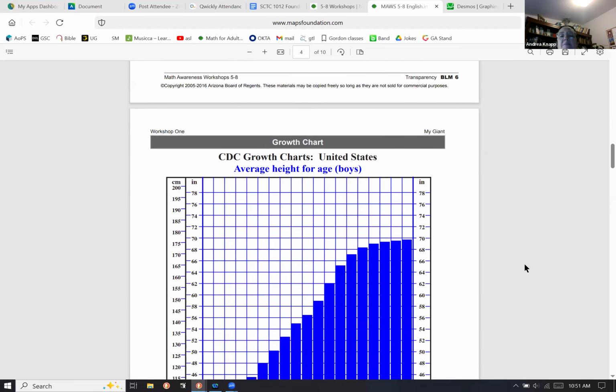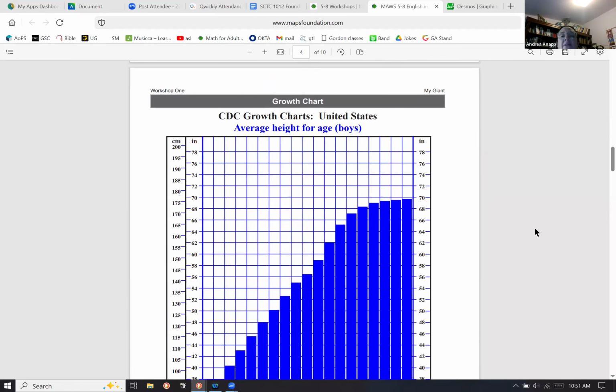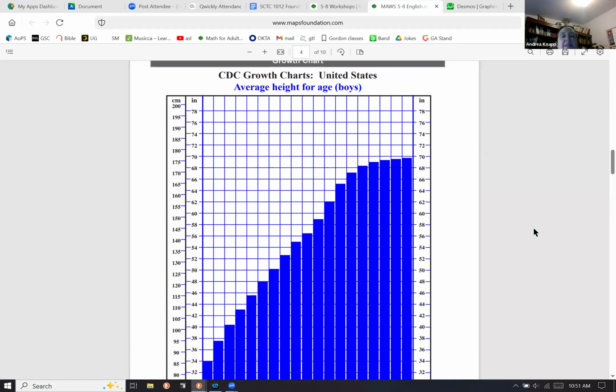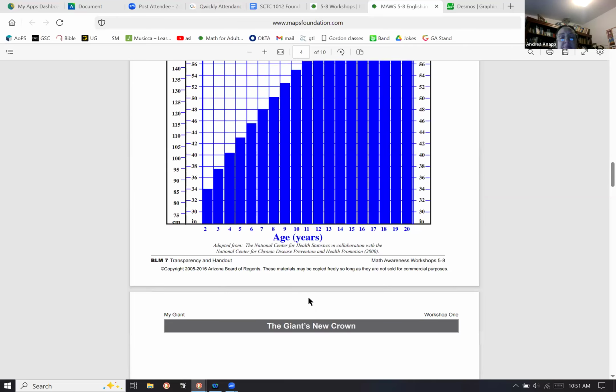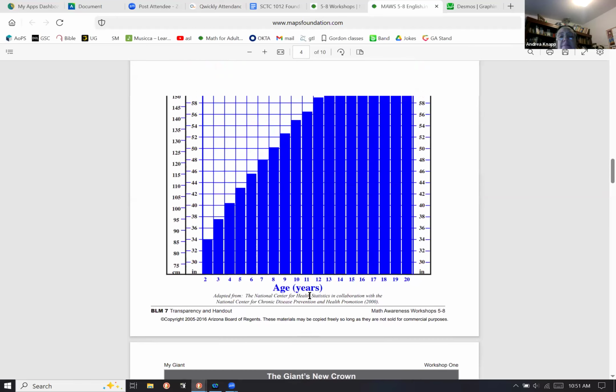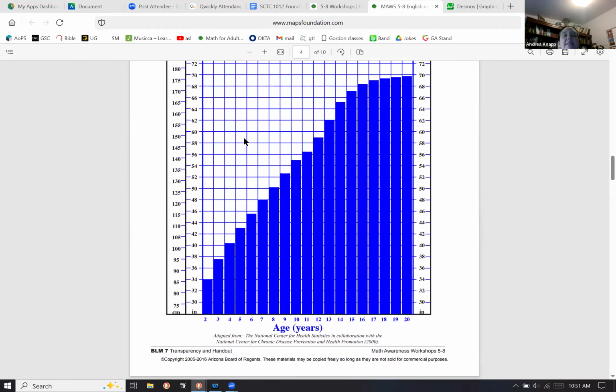Here's just some information about the average height for boys at different ages. So at age 20, we have an average height of almost 70 inches. Just some interesting tidbits there.